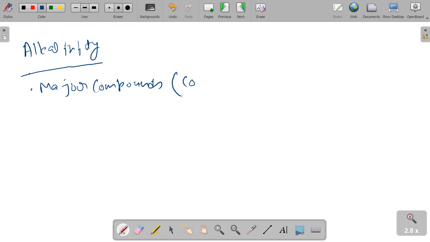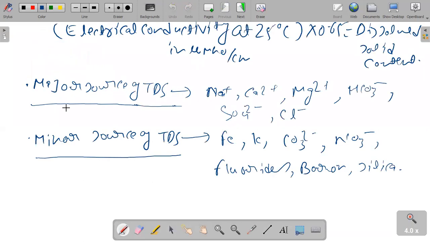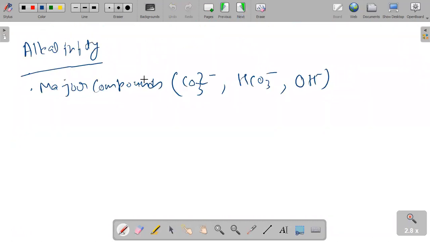Do remember these major and minor sources, because they will help you a lot to solve numericals.